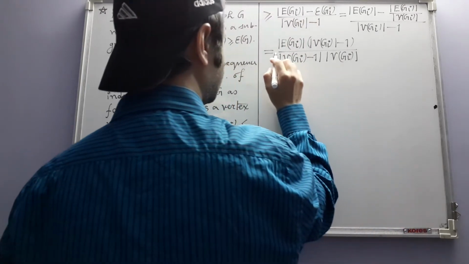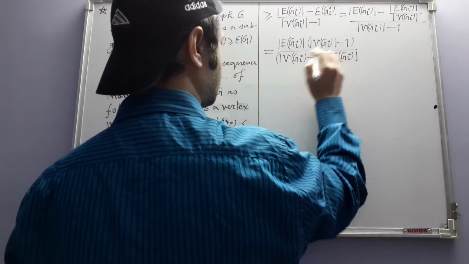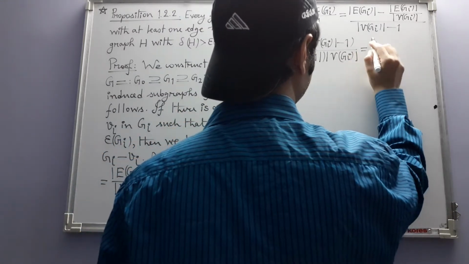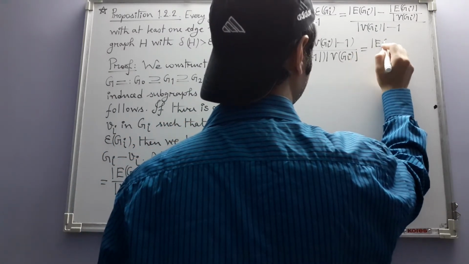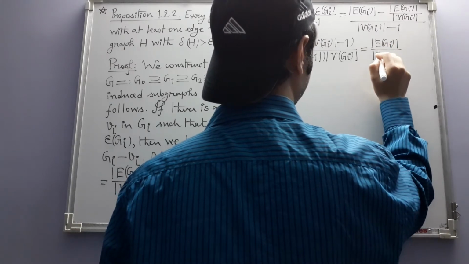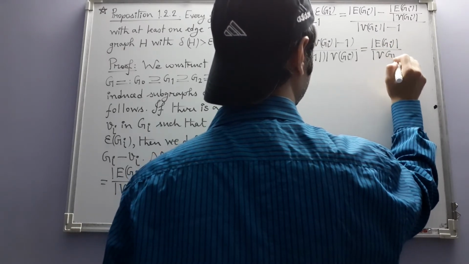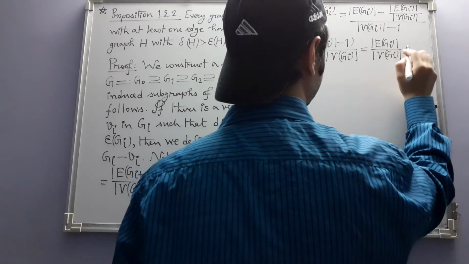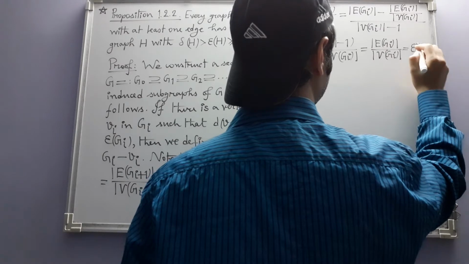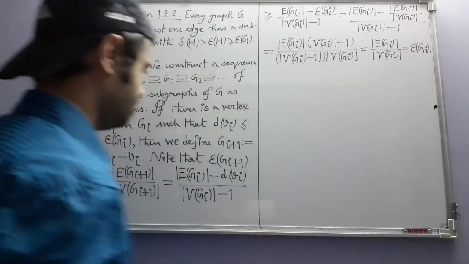So these two factors cancel out and we are left with the number of edges in Gi divided by the number of vertices in Gi, which is nothing but the average degree of Gi.